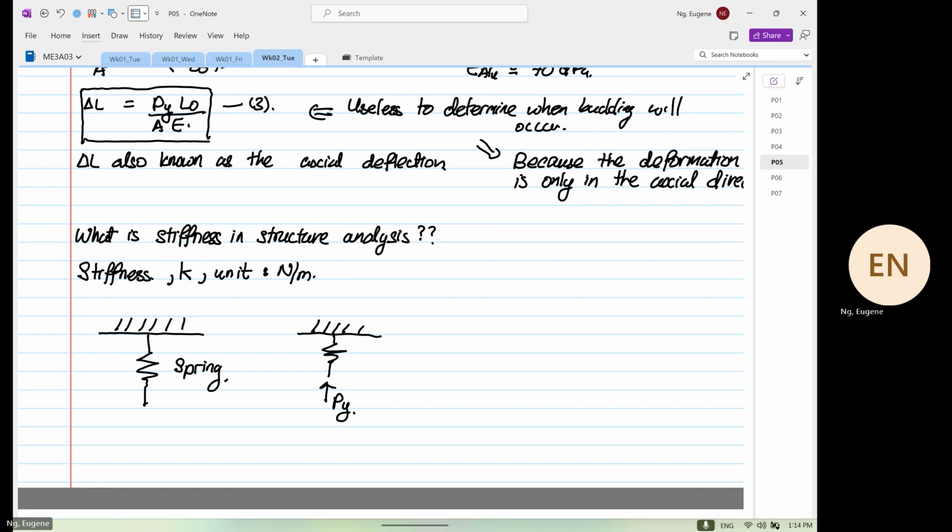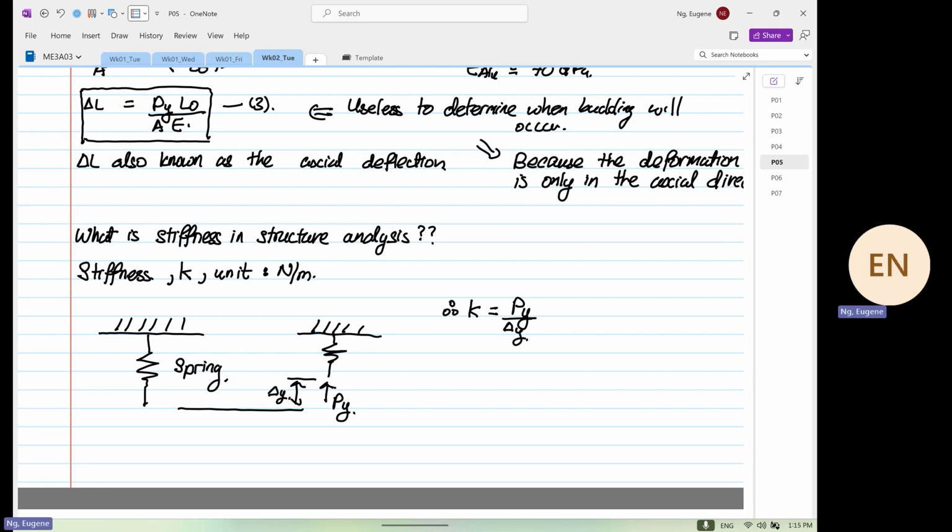Okay. So therefore, K is equal to Py divided by our delta y. Okay, so this distance over here, this is known as our delta y.